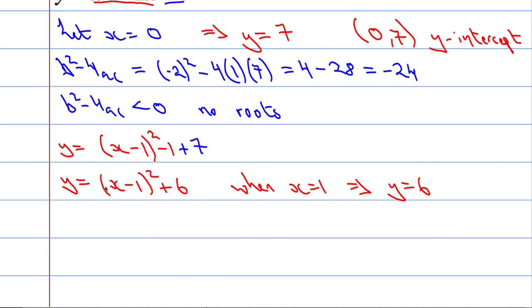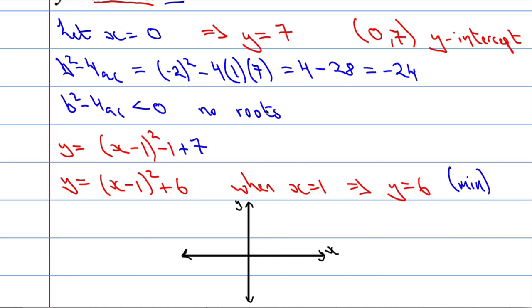So as I was saying, we know when x is 1, y is 6. That's the minimum point of the curve. So if I was asked to sketch it, this is what I do. Draw my axes like so, and that's x and that's y.